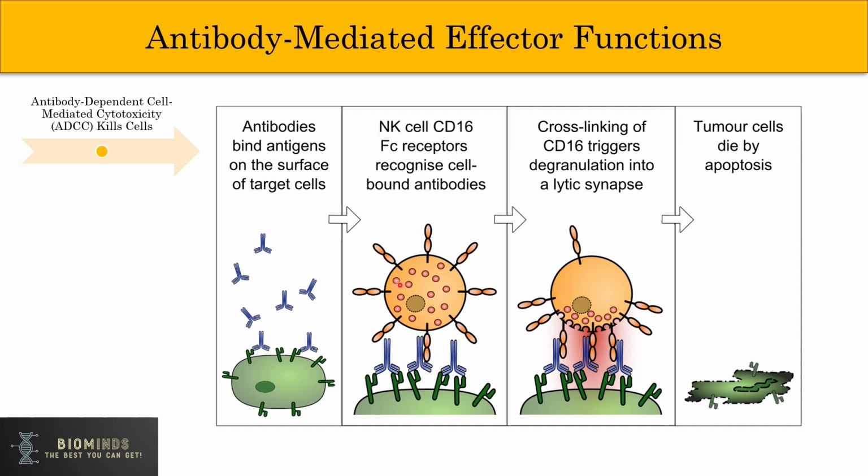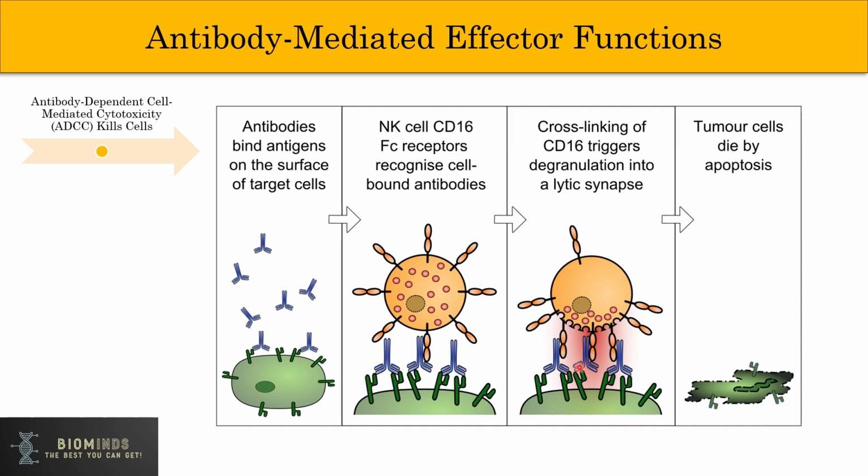So this is the NK cell, which has CD16 receptors. This is your bacterial antigen. Your antibody has bound to it. The Fc portion is here. So your CD16 will bind to the Fc portion of the antibody.